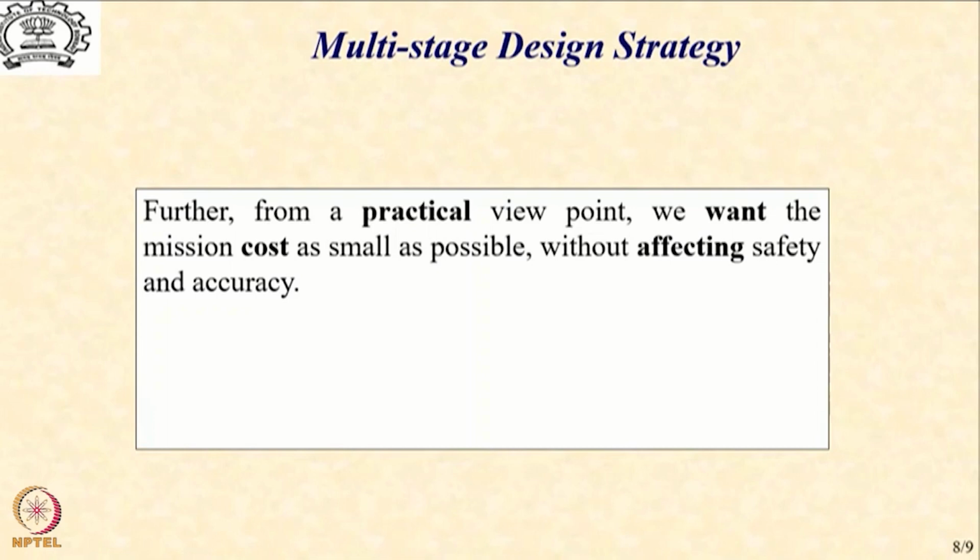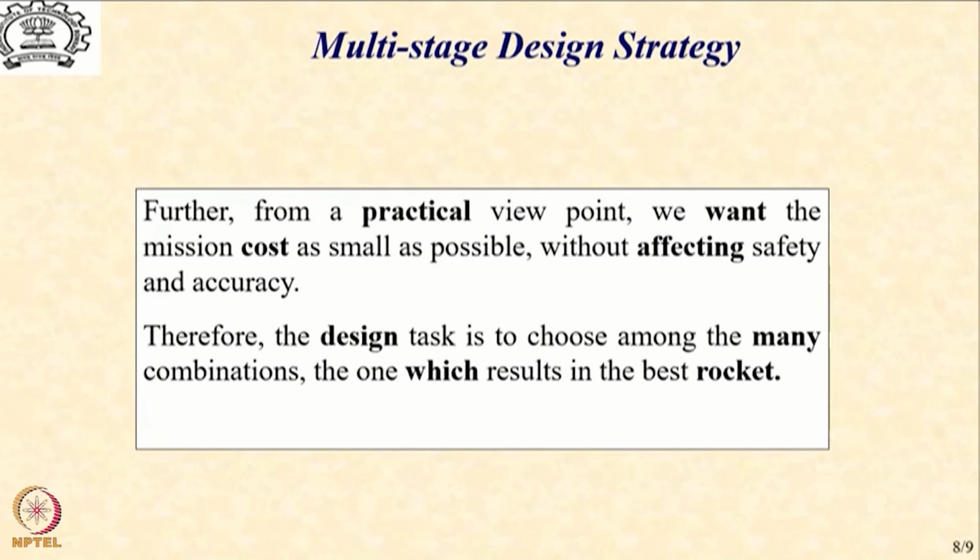There is another issue of safety and accuracy, that we must do this exercise without affecting the overall safety of the vehicle as well as the accuracy of our orbital mission, which is the primary objective.